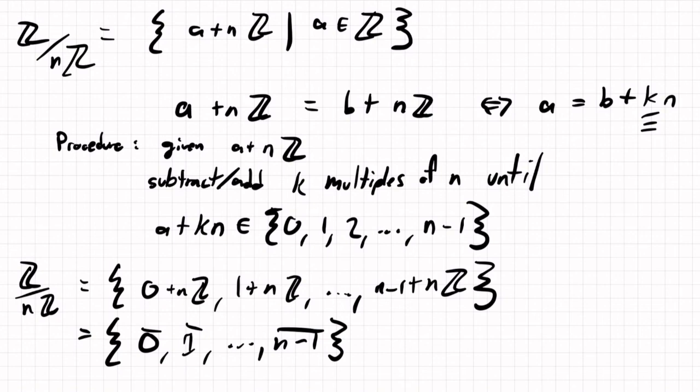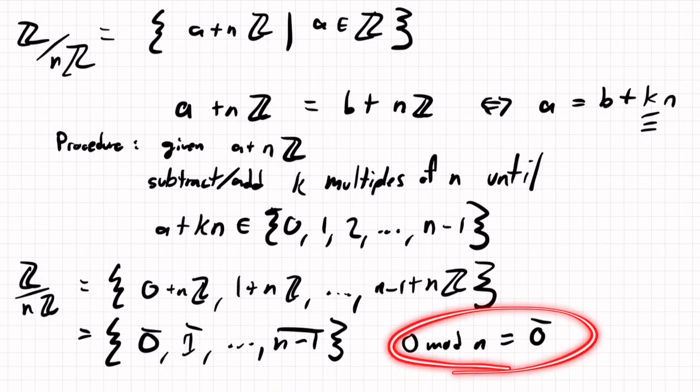The thing about modular arithmetic is that we see it is reflected in normal arithmetic. We could also say this is 0 mod n, or 0 bar. This is another notation.